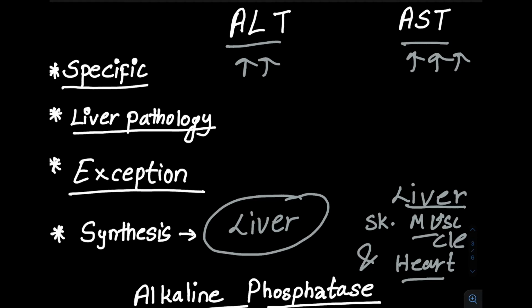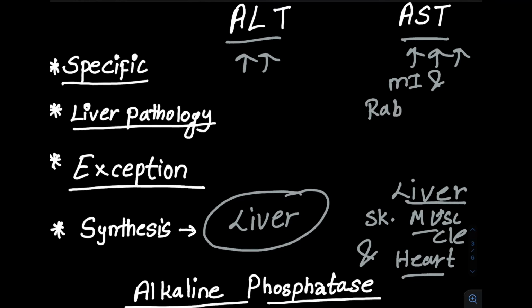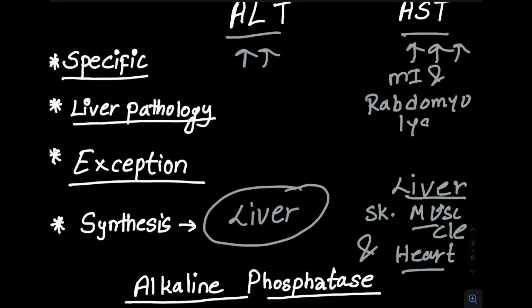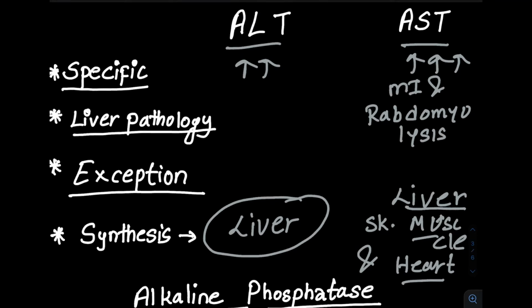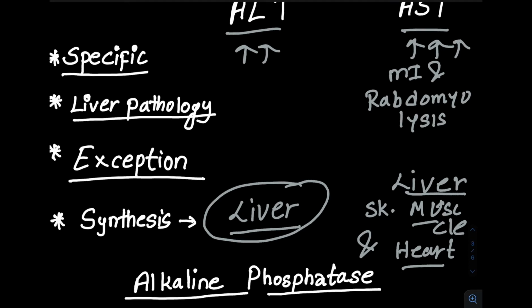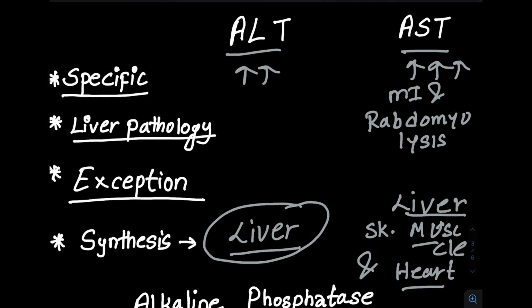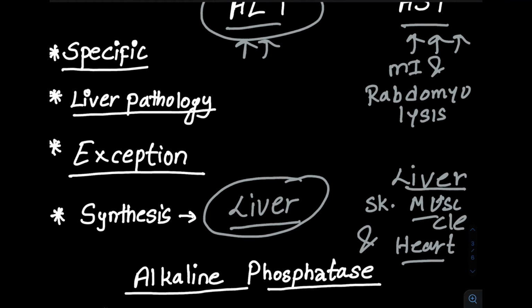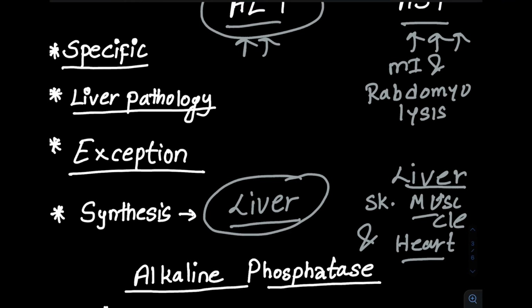It can also rise in disease involving the heart, such as MI. But ALT is generally raised only in the case of liver diseases. So ALT is considered to be more specific than AST when it comes to diagnosis of the liver pathology. That is the main important concept.